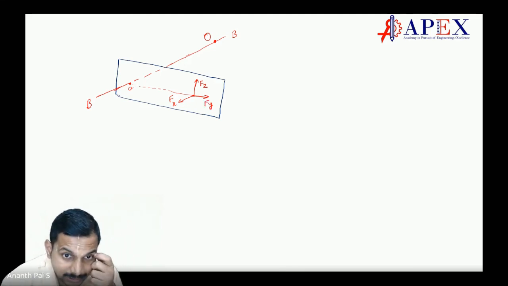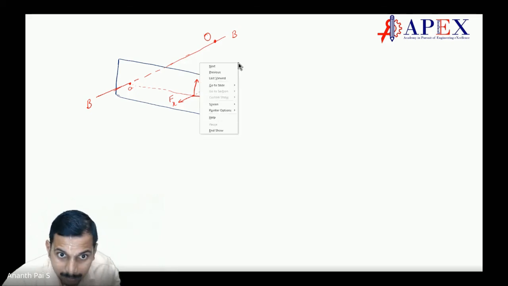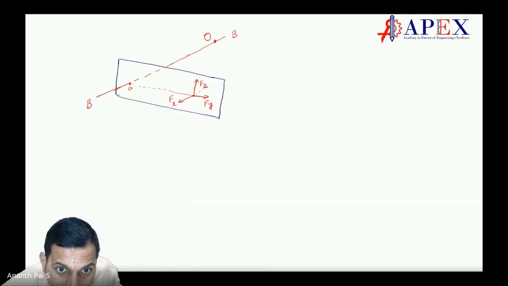Let us say the distances with respect to this point O. I will use green color. So this distance from here till here, and this one goes here.